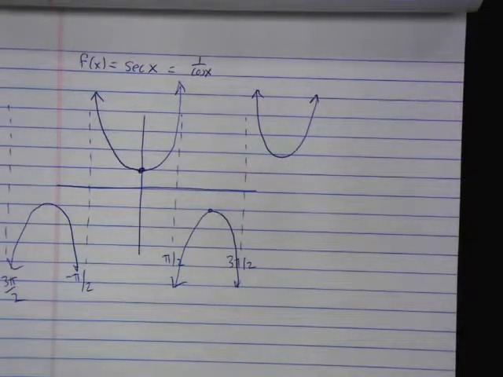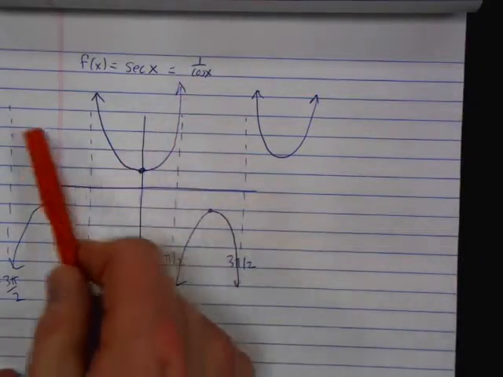Okay, so for secant, how are we going to pick x values to make this function 1-to-1 and to also incorporate all of the y values that we can? Between negative pi over 2 and pi over 2? Now I can't go between negative pi over 2 and pi over 2 because I've got this shape. It's not 1-to-1.